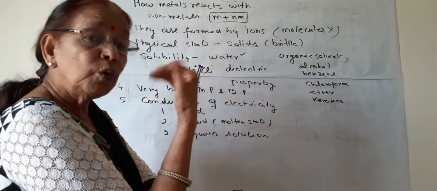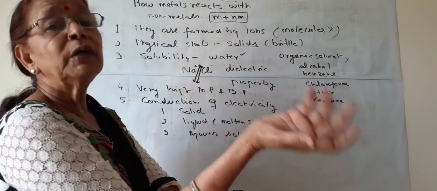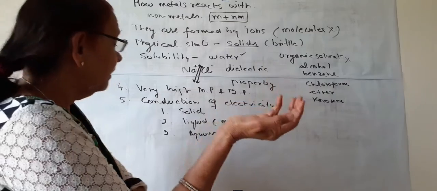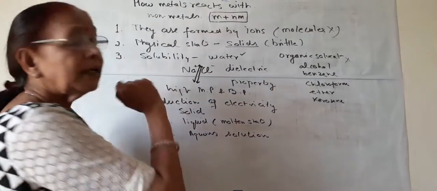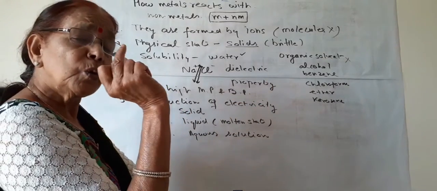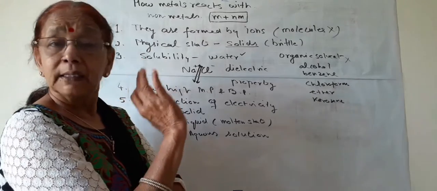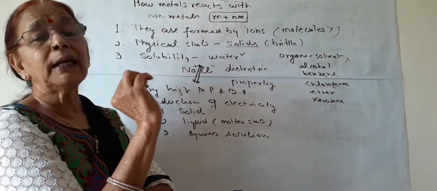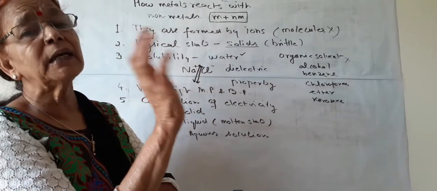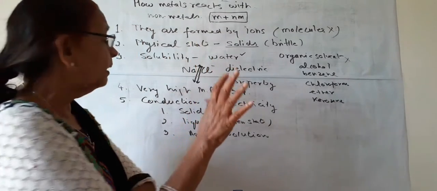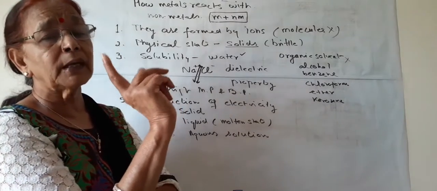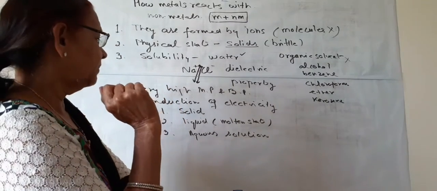When ions or electrons can move, only then can electricity pass. In solid state, the ions are so close to each other. They are not free. They are bound with each other, and as no free ions or electrons are there, in solid state these ionic compounds cannot conduct electricity.